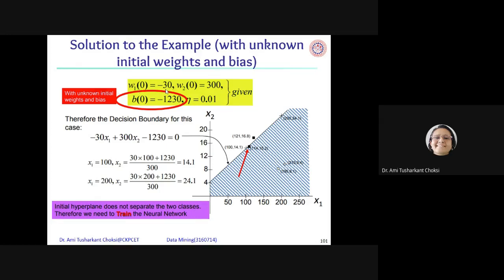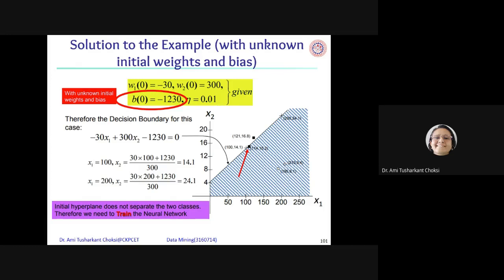W1 of 0 is equal to -30. W2 of 0 is 300, and the assumption or the correct weights are not known in the problem statement. The initial bias given is -1230, and eta, the learning parameter, is 0.01.